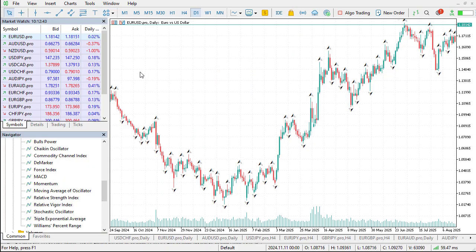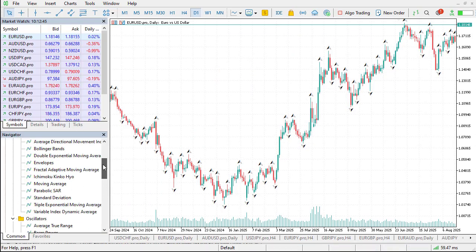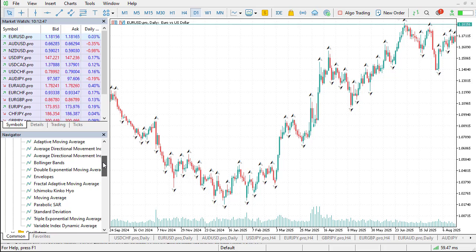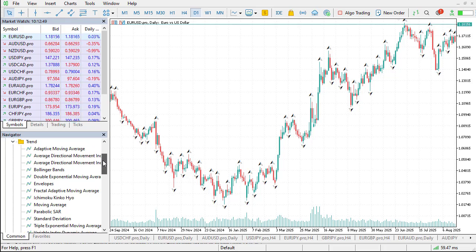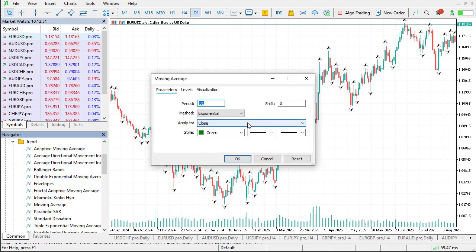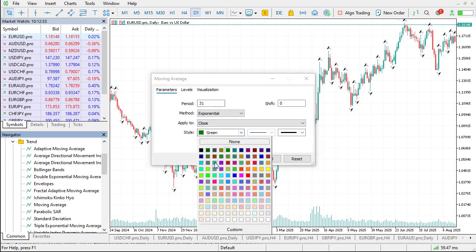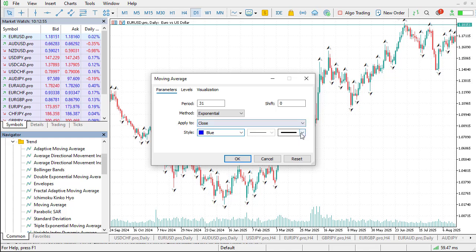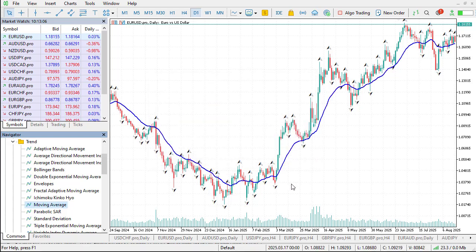What am I going to do? I will go over here to trend and I will use the moving average. Trend, moving average. What moving average? I will switch it to blue. I will start with the 21 day because the month is having 21 working days. And I click blue.